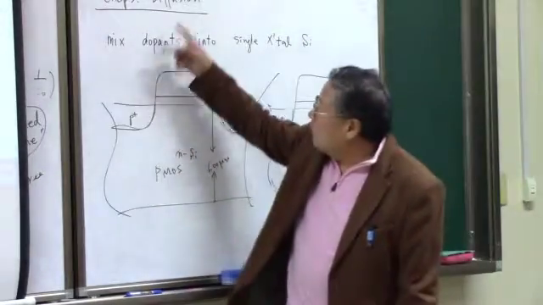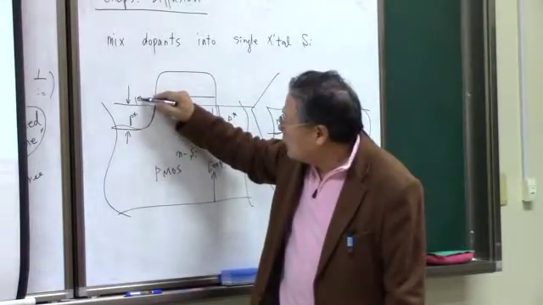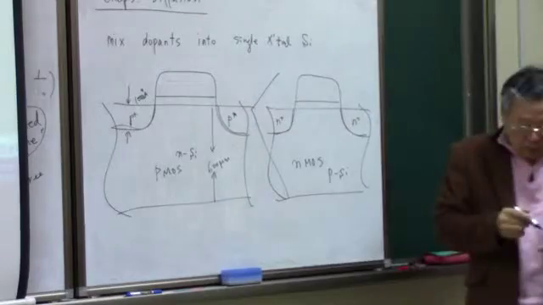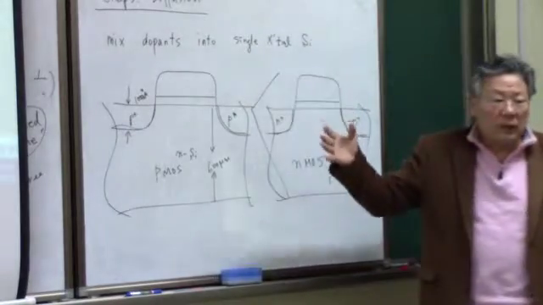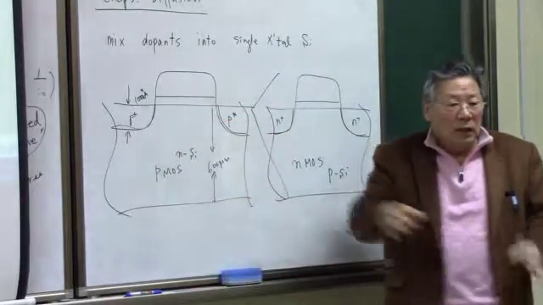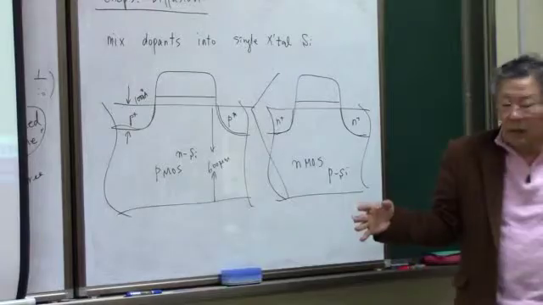And for the diffusion process, we can only have 1,000 angstrom diffusion of the dopant atoms. So in the semiconductor, when you talk about the diffusion, we are talking about the 1,000 angstrom diffusion length, right?